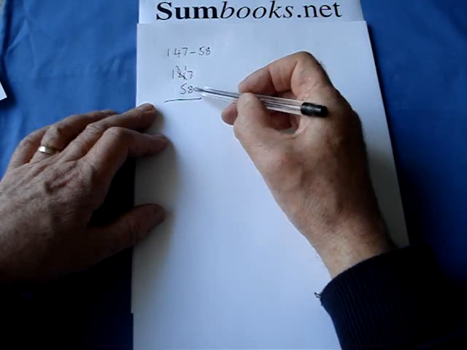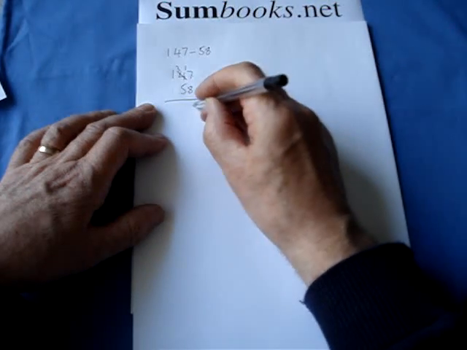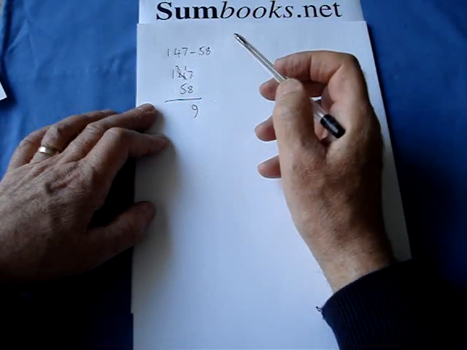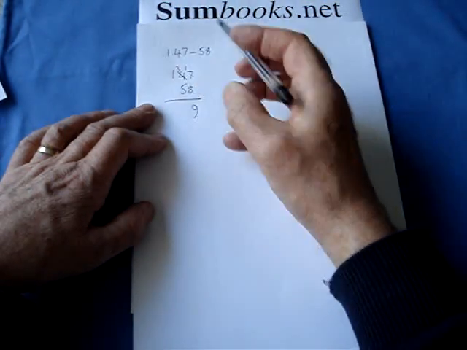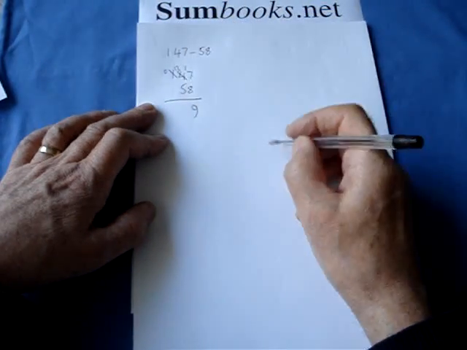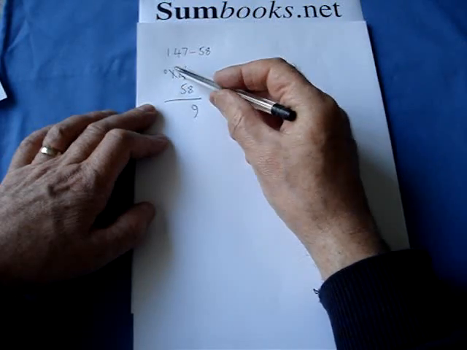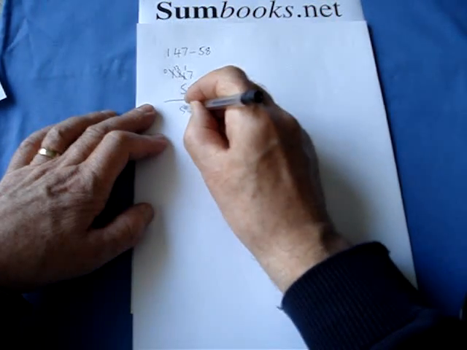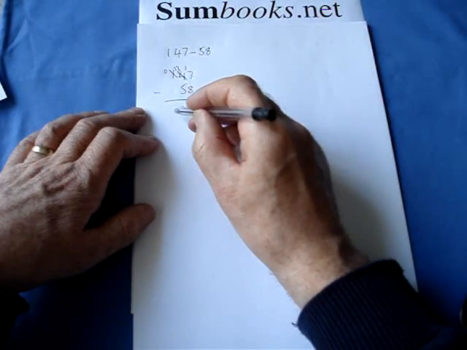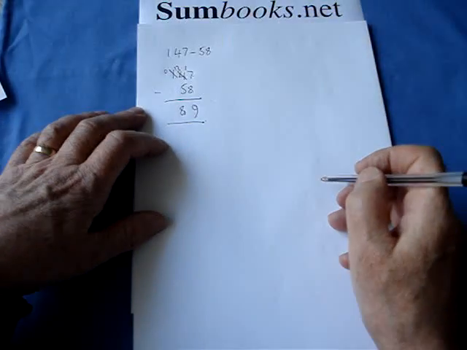Borrow a 10 from there. 8 from 17 gives us 9. And 5 from 3 we can't do it, so we borrow again. So we've now got 5 from 13 is 8. And 0 from 0 is 0. So we've got 89.